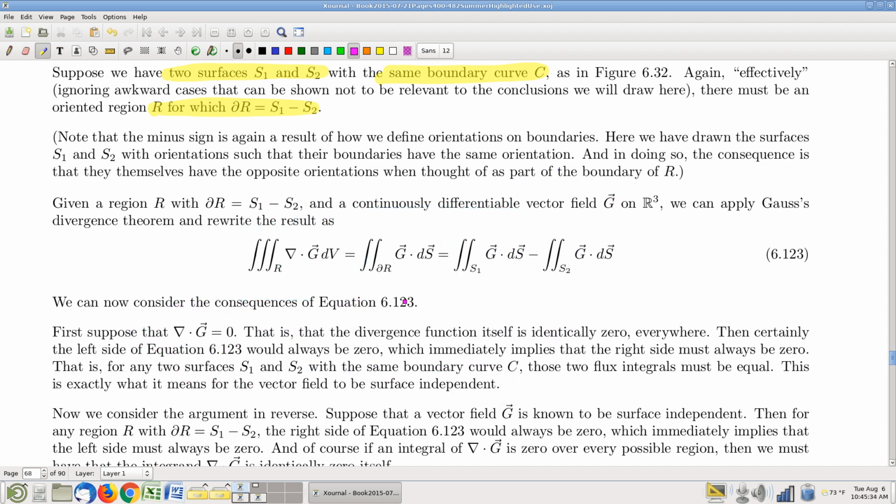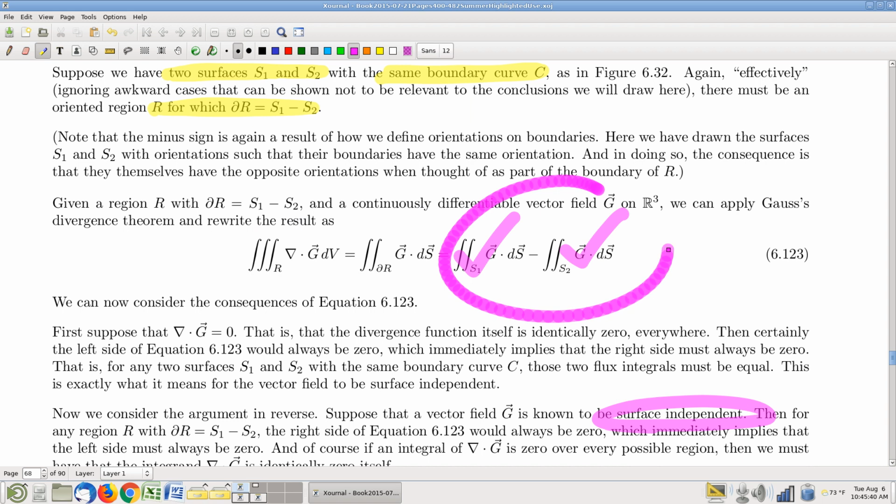And then likewise, if a vector field is surface independent, if these are the same, the difference is 0, the right-hand side is 0, the left-hand side is 0, that means the integrand has to be 0. This is true for all solids, so it has to be 0.